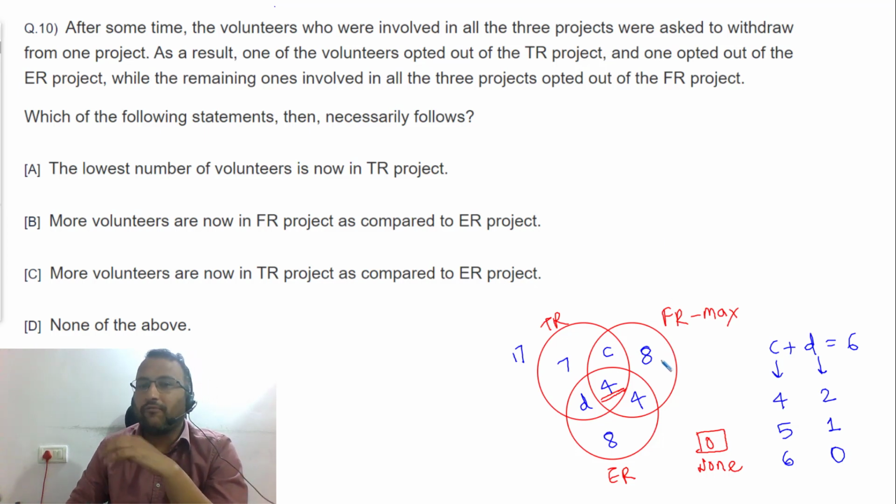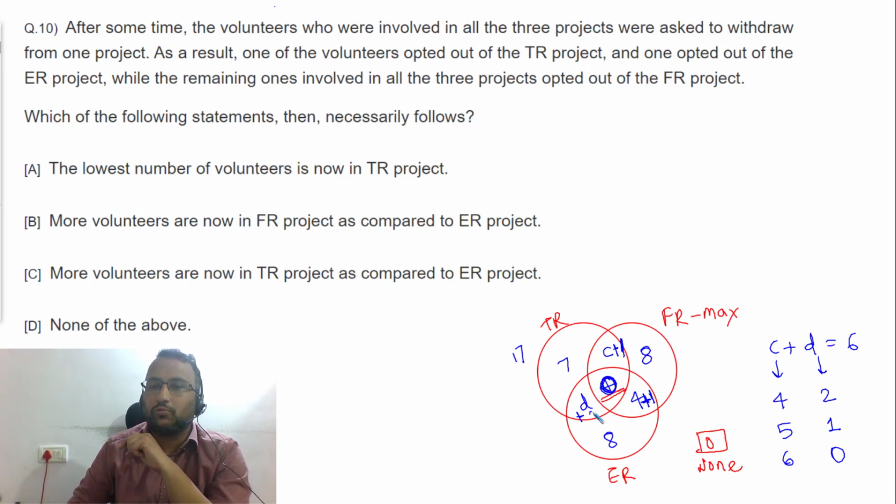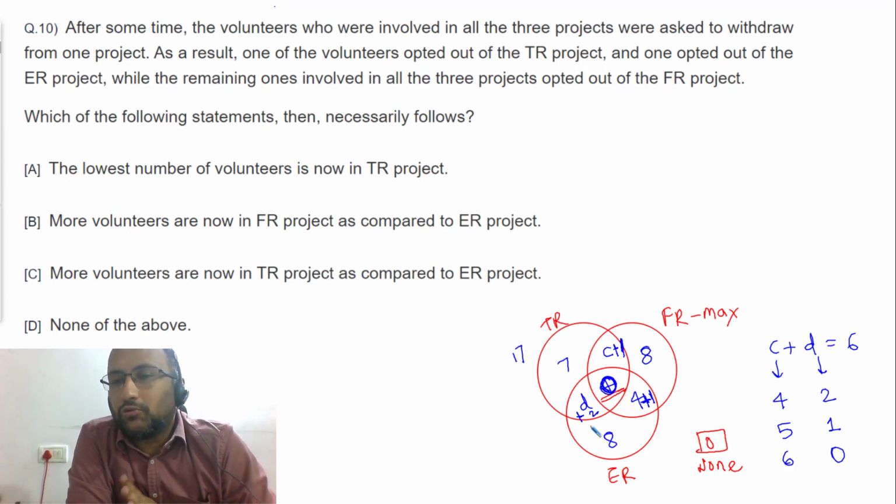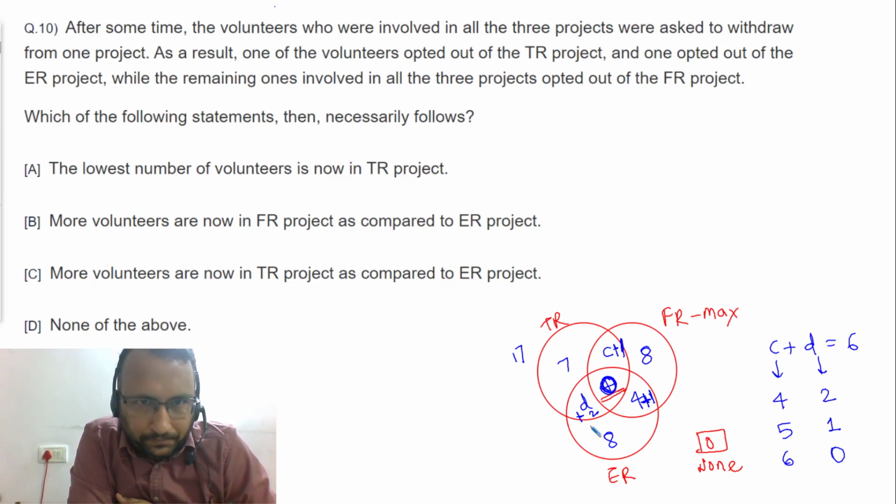One opted out of TR project, so this 4 will become 4 plus 1. After that, one opted out of ER project, so this C will become C plus 1. Now the two people are left over here. Those two people are going to opt out of FR project, means this 4 will become 0 and this D will become D plus 2. These are the changes going to happen in this Venn diagram.